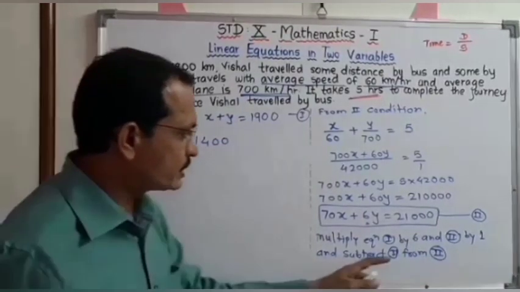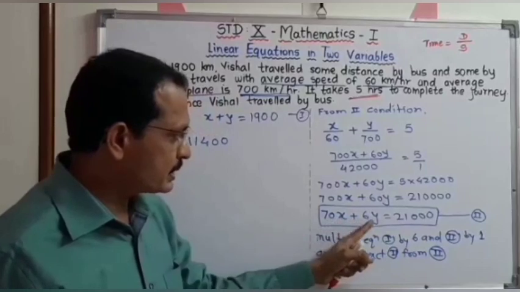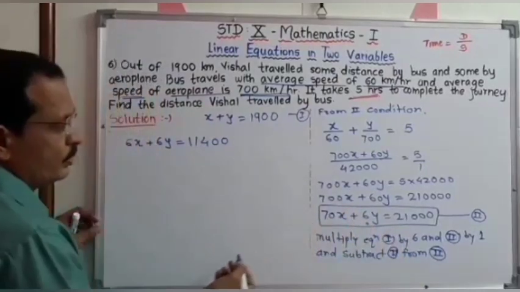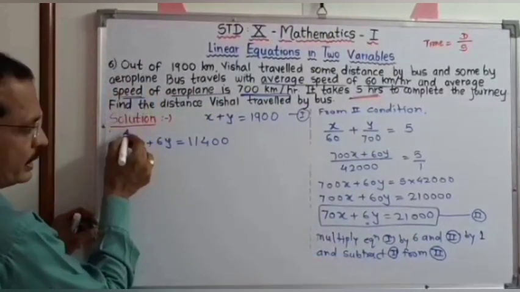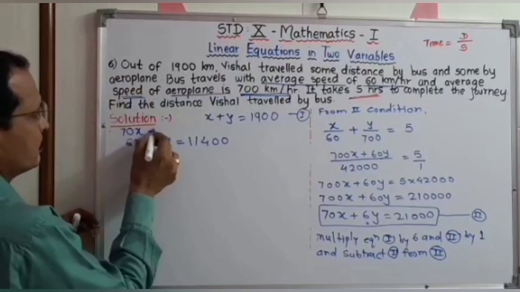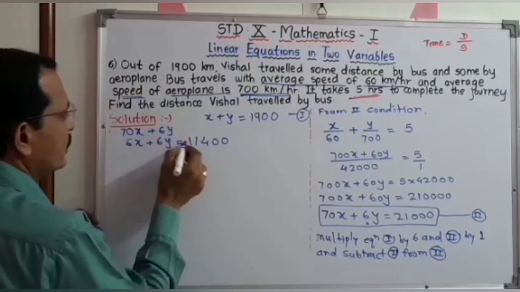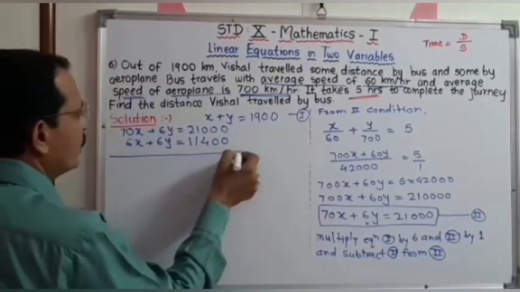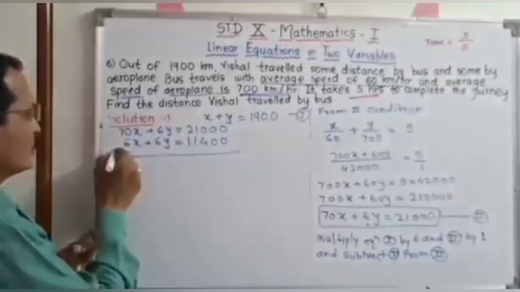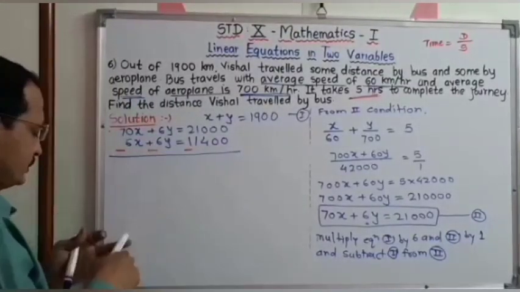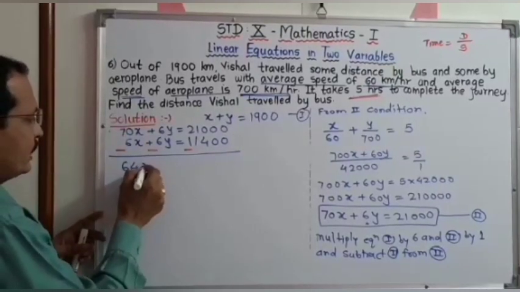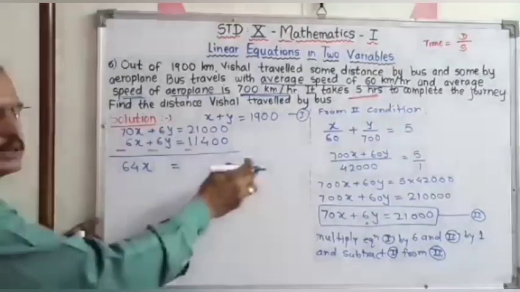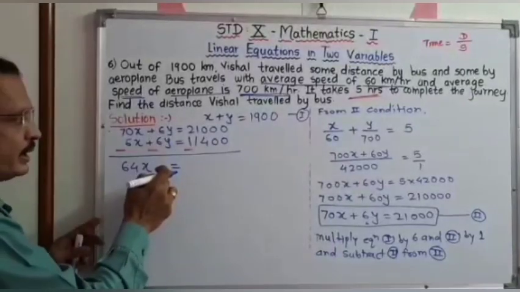And the second equation is 70x plus 6y is equal to 21000. Now we have to do the subtraction. As you know, we have to change the sign. It is 64x is equal to, how much, plus 6y minus 6y get eliminated.